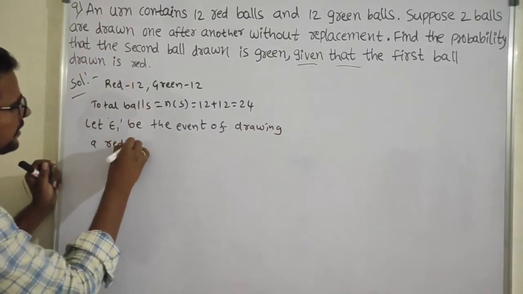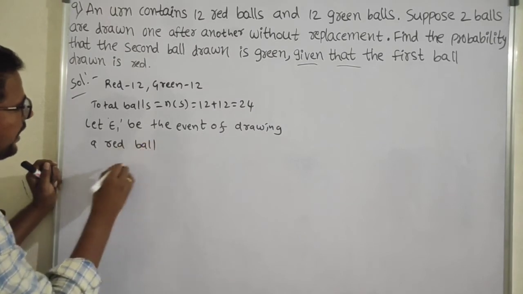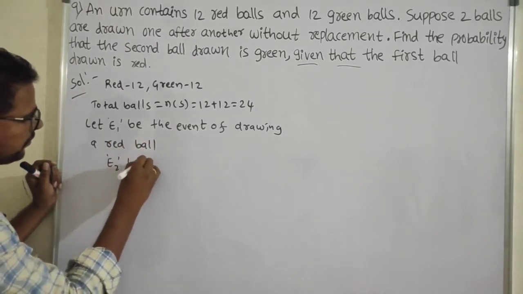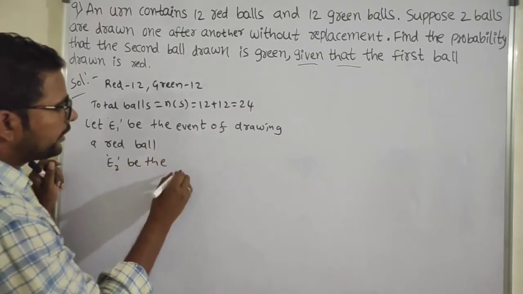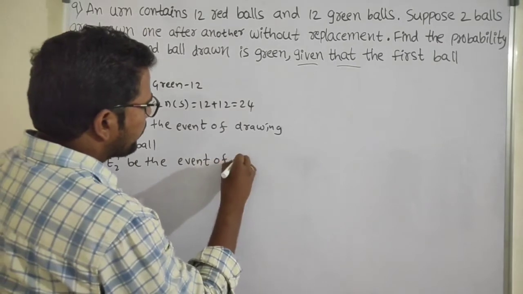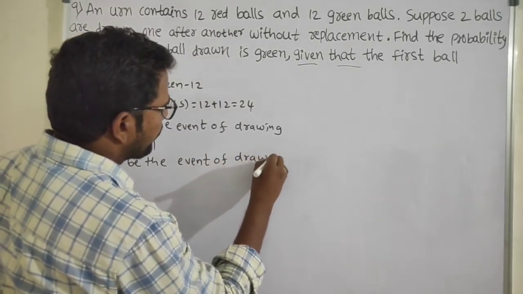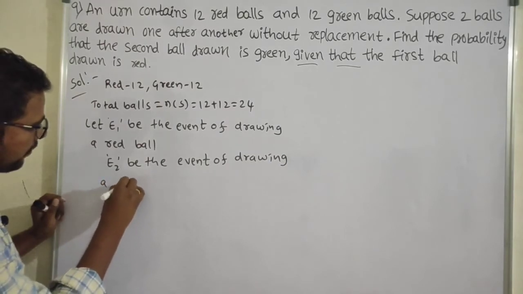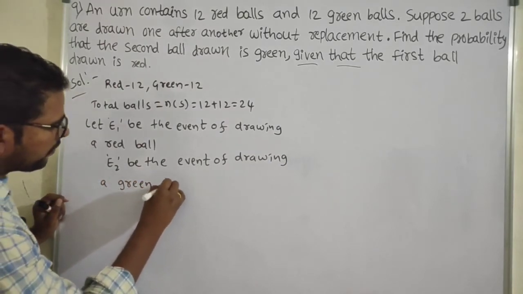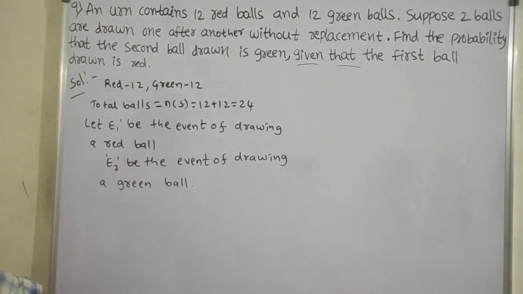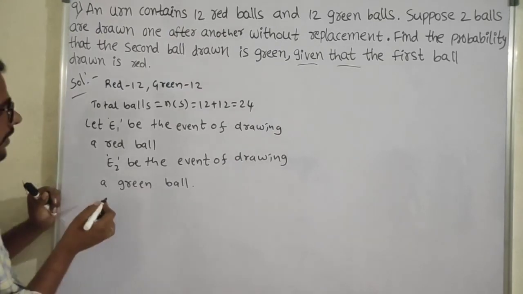And take E2 to be the event of drawing a green ball. Right, so what do we have to find?